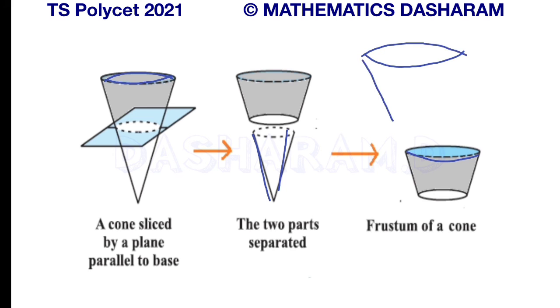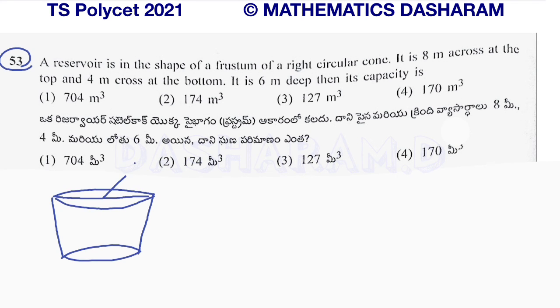I am drawing the diagram once again. Given that top across is 8, bottom across is 4. So this is 8 meters, this is 4 meters, and deep means the height of the reservoir is 6 meters. It is considered as a diameter.